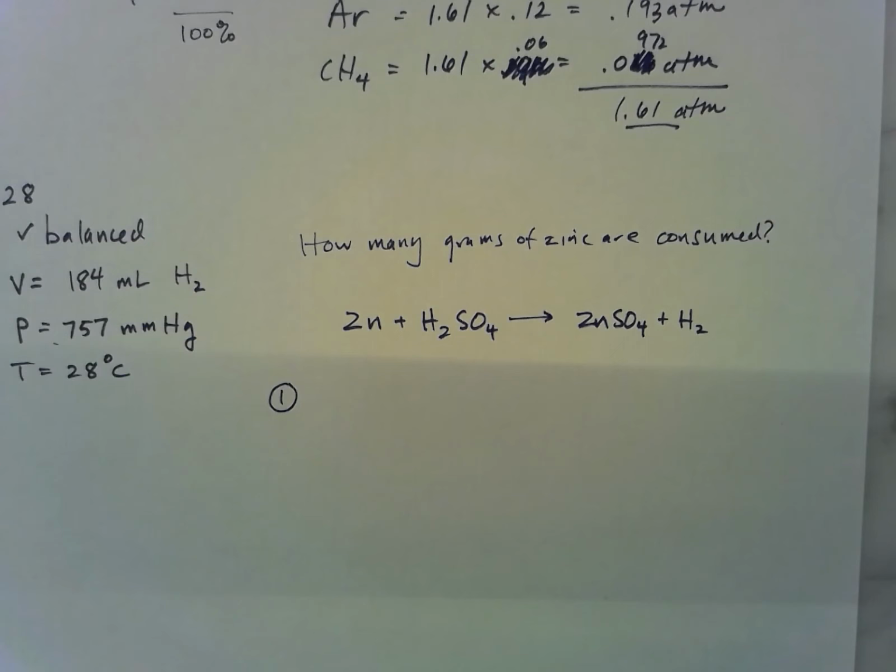Assume that 184 milliliters of H2, I'm back on page 253 looking at the question, of H2 is collected over water. All right, now we have a section that you should have at least read through at some point, collecting a gas over water. I don't know how much we actually talked about this, so this may partly be my fault if you guys are confused about this, but sometimes you just got to work through something, okay?